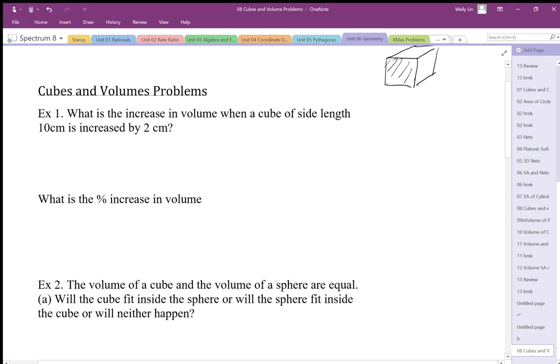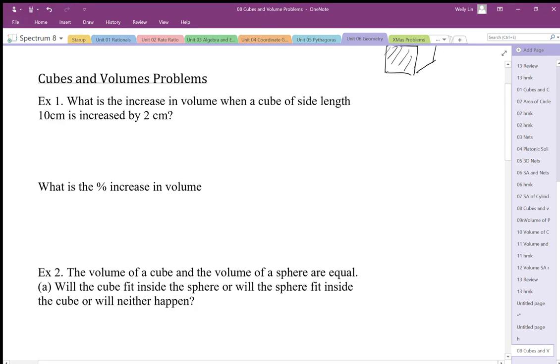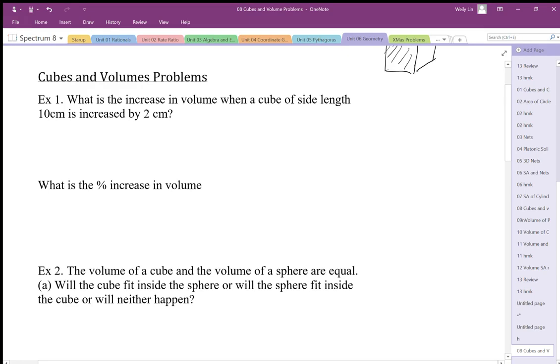So let's find the increase in volume when a cube of side length 10 centimeters is increased by 2 centimeters. If we take a look at a cube, let's look at the area first. We're taking a 10 centimeter area, so it's 10 on both sides. What happens to that area when we increase it by 2 centimeters?